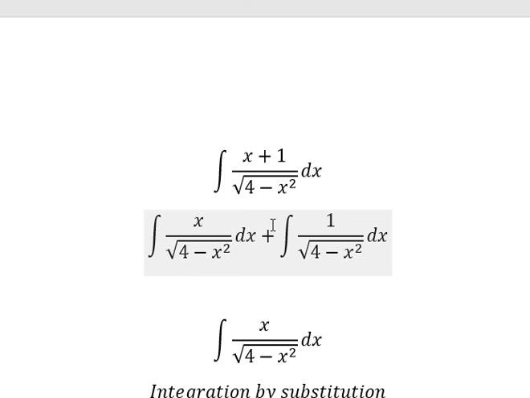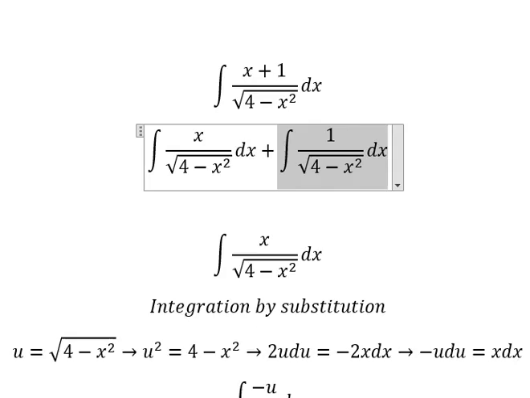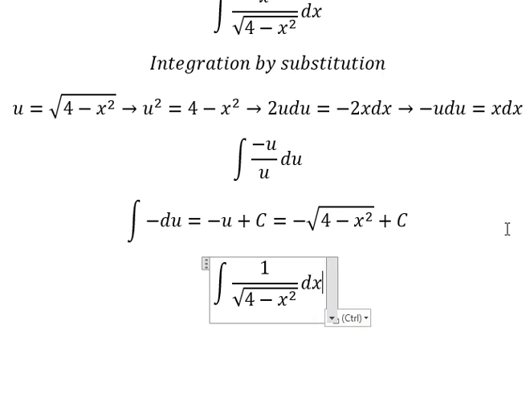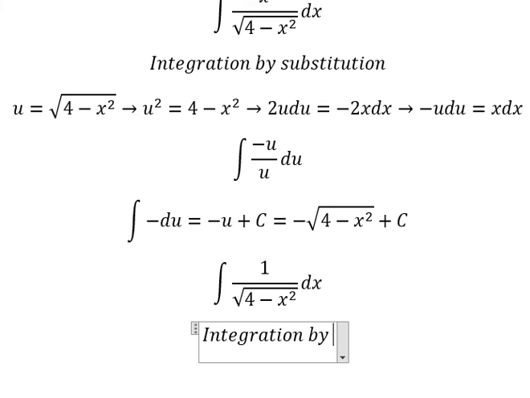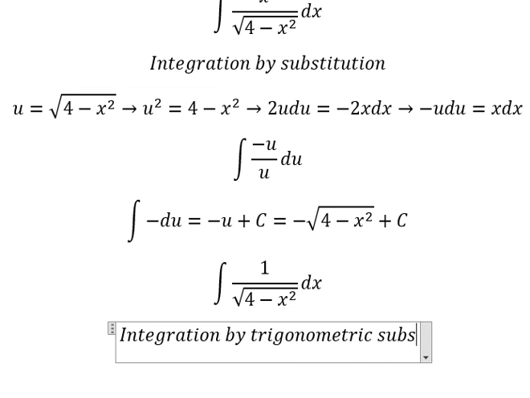Now, we go to the second one. We need to use integration by trigonometric substitution.